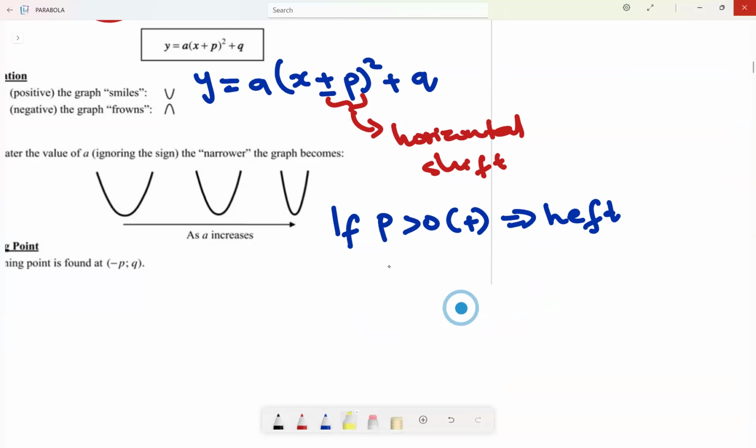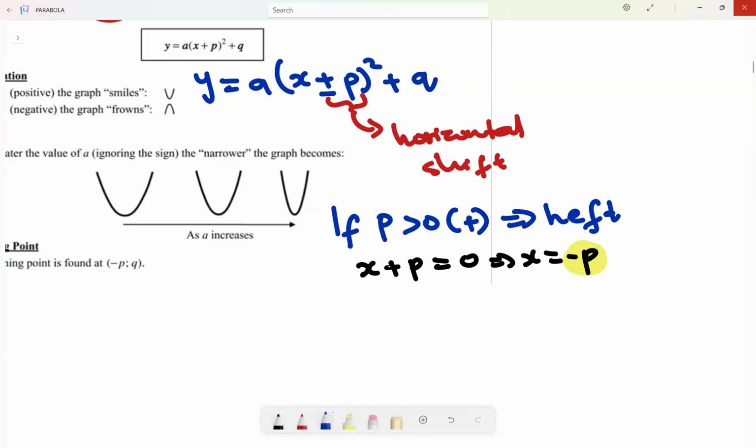Hence, if p is greater than 0, or p is positive, it is moving towards the left. What do I mean by that? If I have x plus p and I equate that to 0, then x is equal to negative p. The negative sign tells me that I'm going towards the left.